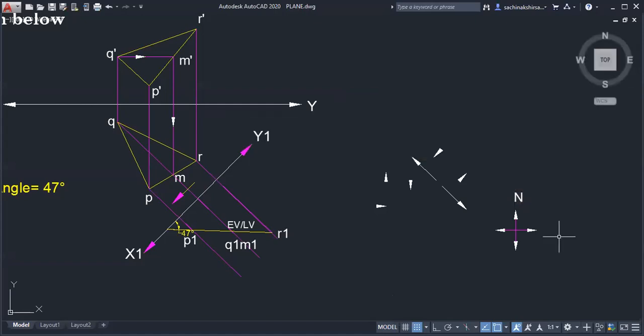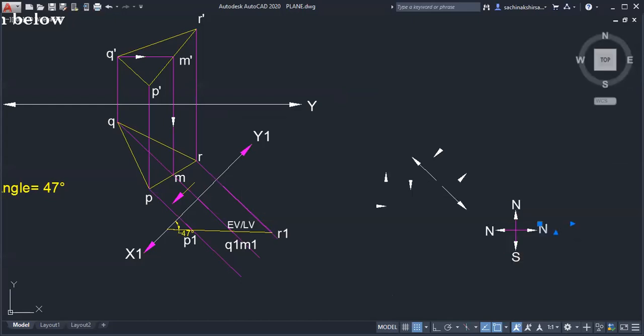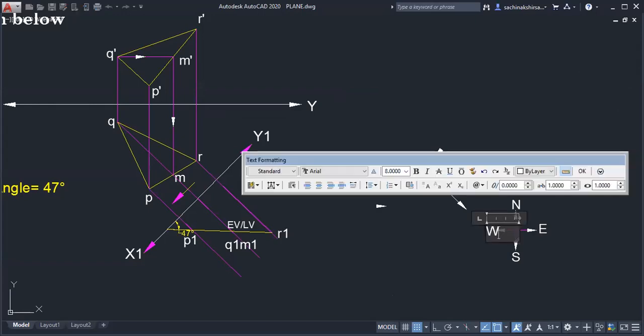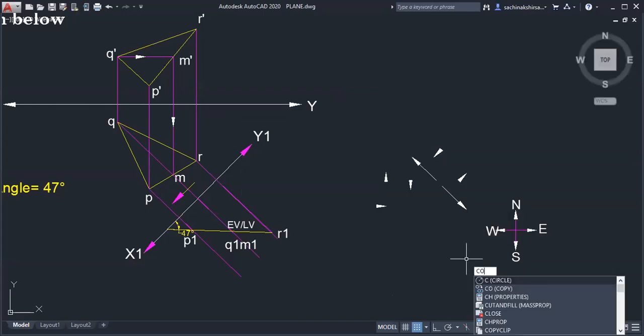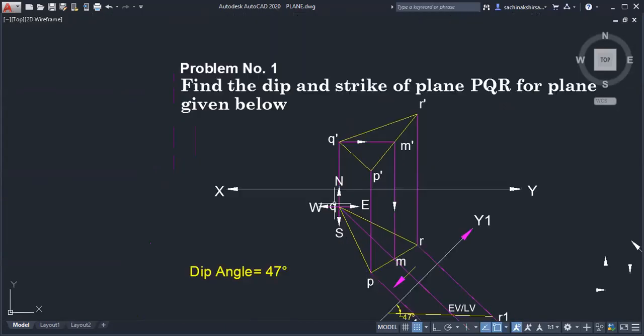N. And this direction we have to show there. These directions you have to show at that corner. You can draw it small. Likewise, you can show it there.